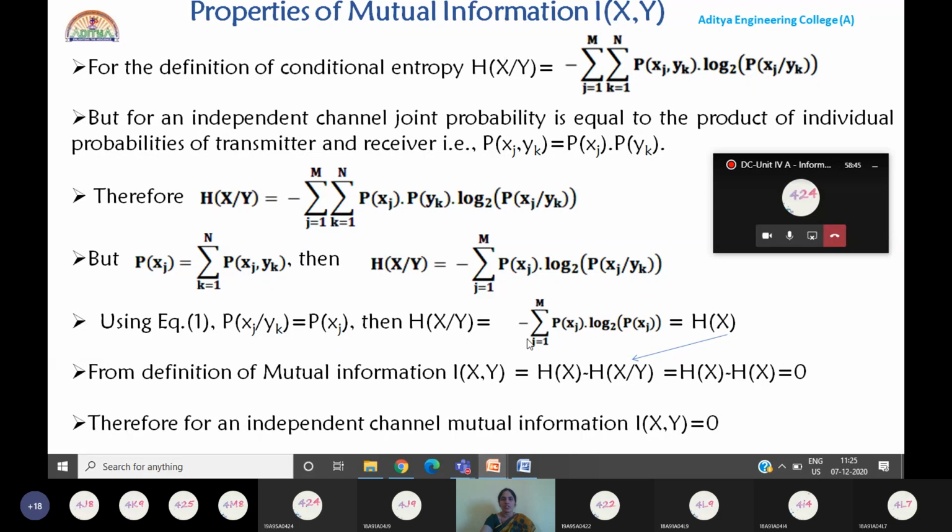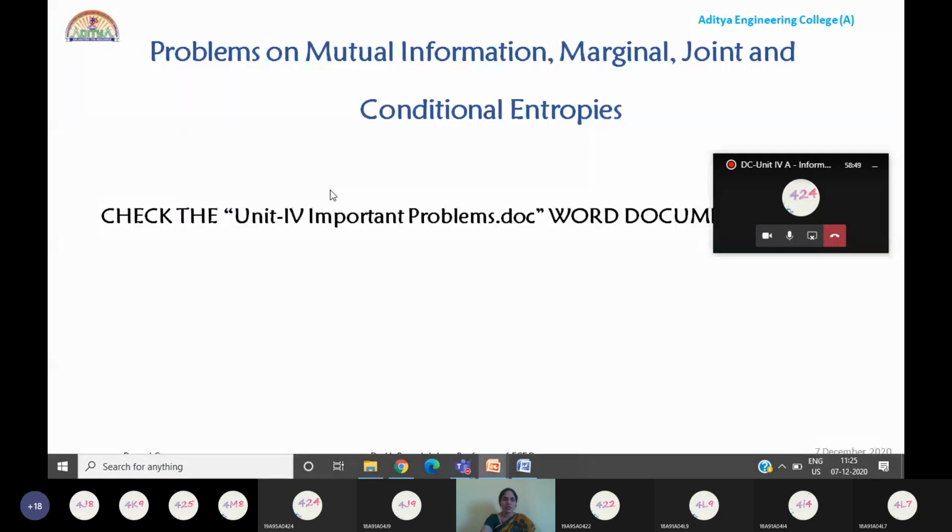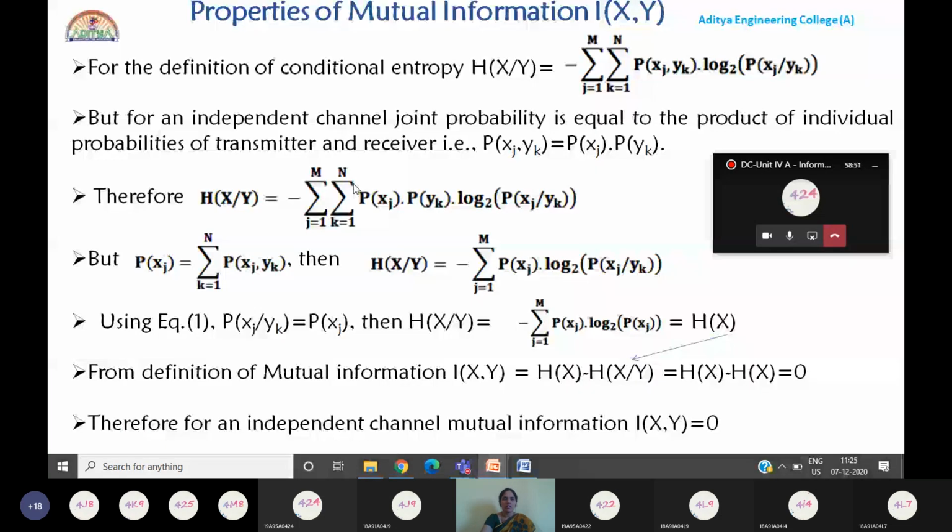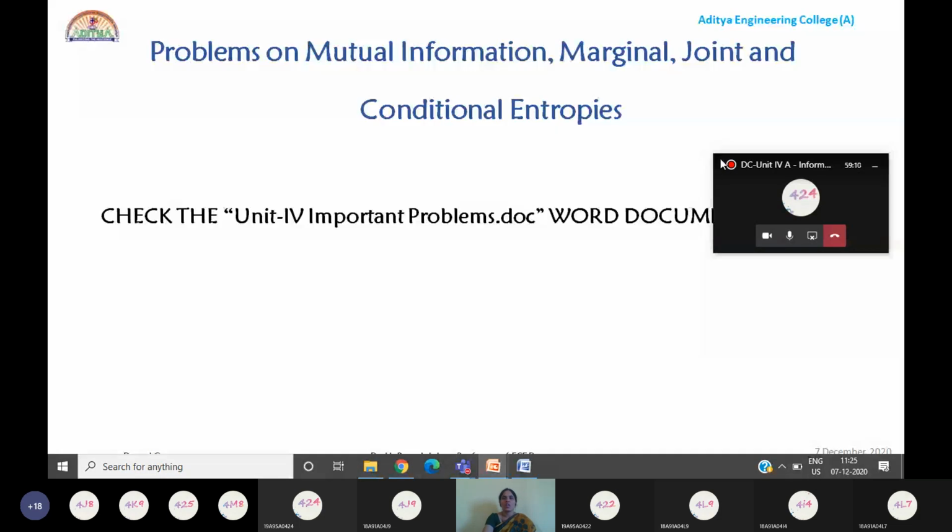This is nothing but H of X. Okay, so actually there is no need of representing this equation here. Directly you can replace summation k equal to 1 to n P of xj comma yk as P of xj. Then you will get H of X by Y as H of X. Therefore, I of XY will be 0. So mutual information for an independent channel is 0.